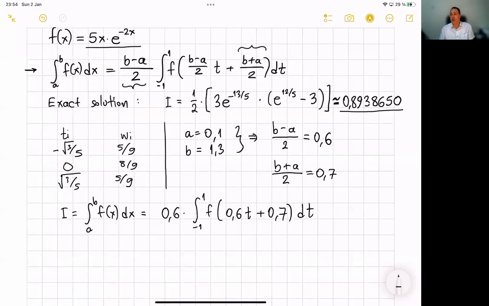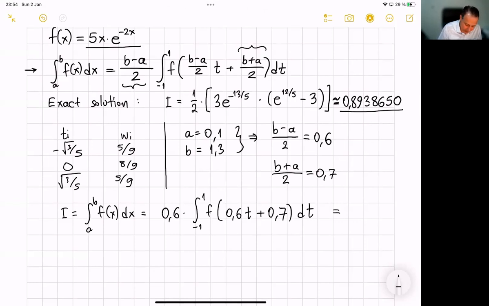So I moved my variable x, which was from 0.1 to 1.3, to the default interval, which is -1 to 1, and I named it t now. So by using this now, I can apply the Gaussian quadrature to find this integral.